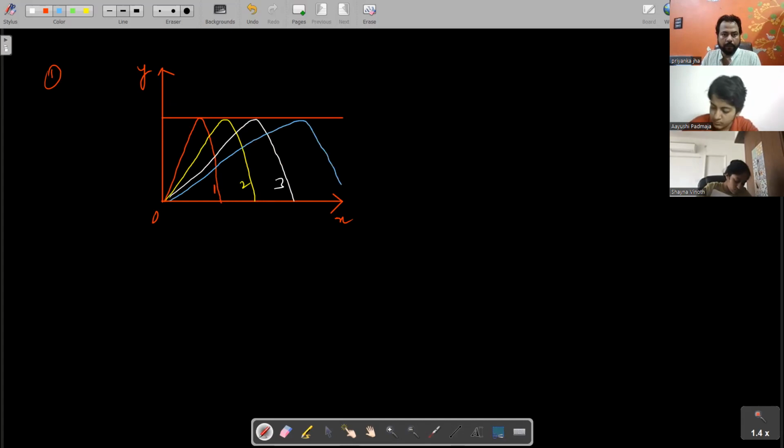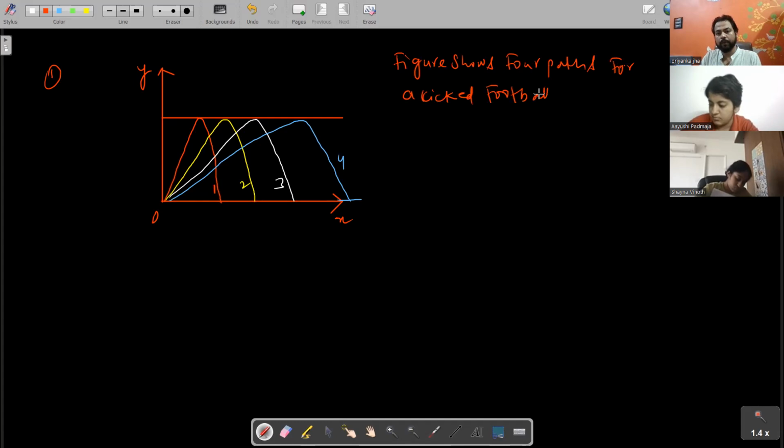Path number 4. The question says, the figure shows 4 paths for a kicked football, ignoring the effect of air on the flight.